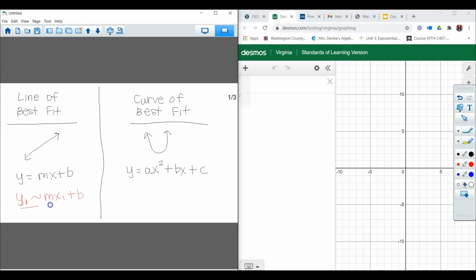So here is how I would type it into my calculator. Over here, my y becomes a y1. I have ax1 squared plus bx1 plus c. So the x's and y's all get 1s, and then your equal sign becomes a squiggle. So line of best fit, curve of best fit.